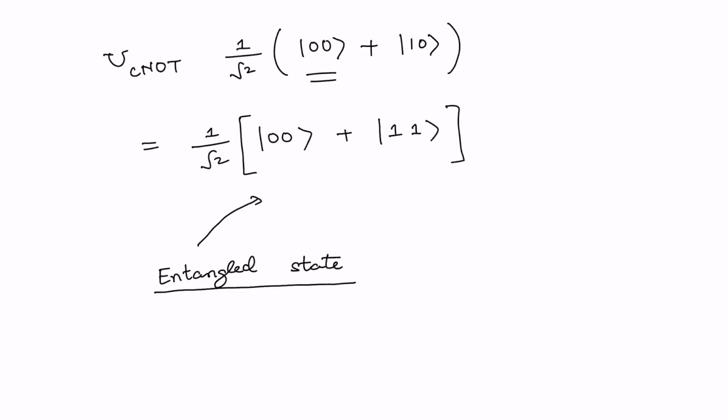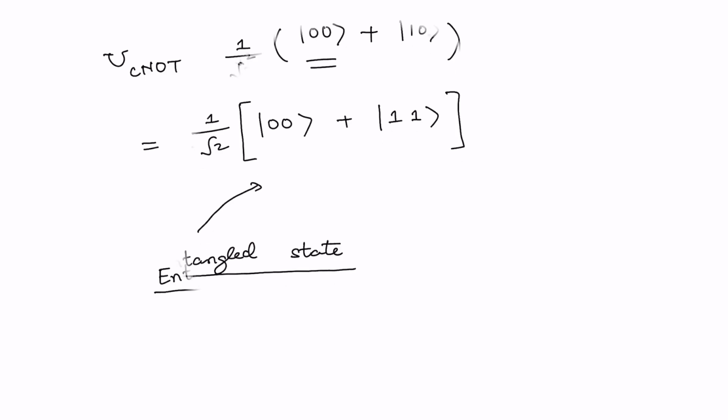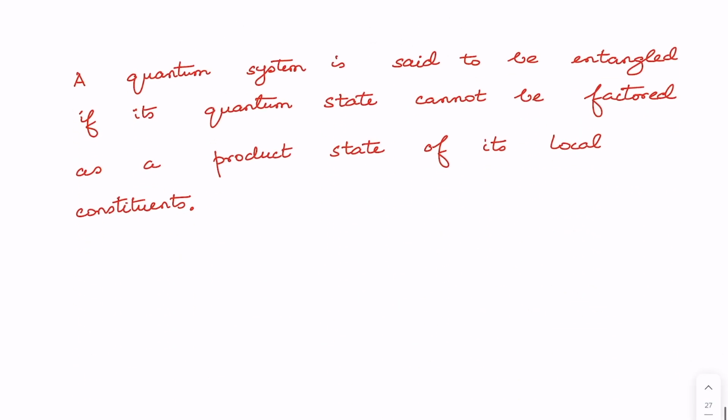So now let me discuss quantum entanglement in brief. A quantum system is said to be entangled if its quantum state cannot be factored as a product state of its local constituents. Let us consider an example.